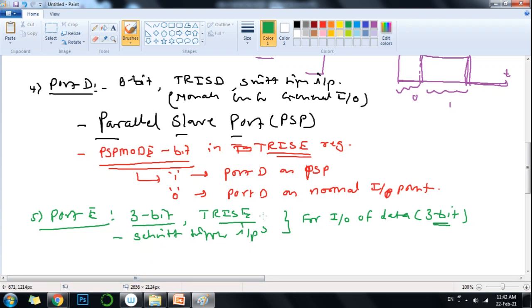Now let us discuss the actual structure of TRIS-E, so that you will understand how the TRIS-E register is used for PSP mode of operation of port D.